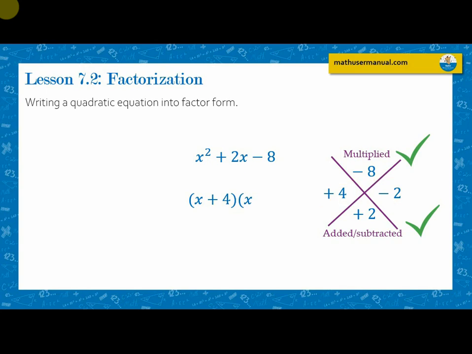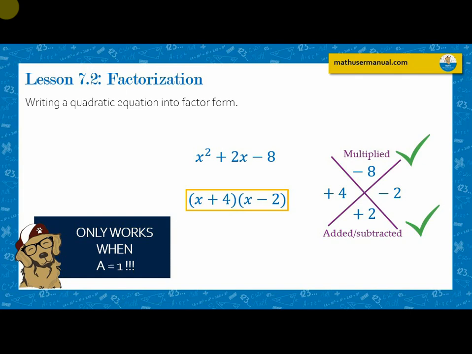And then we take the second number in the diamond method, in this case -2, and we place it in the parentheses. And we get the factor form in a faster way. But one more time, please remember, this shortcut only works when a equals 1. That means when the x squared is being multiplied times a 1.